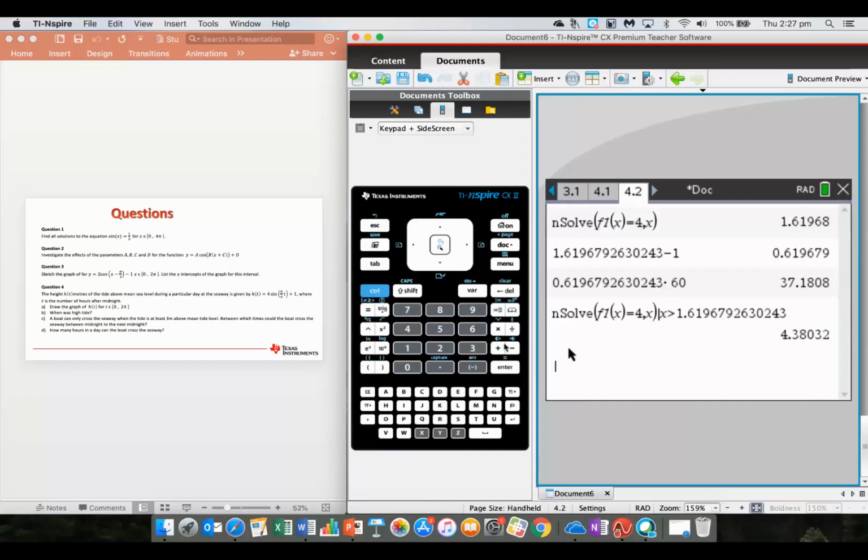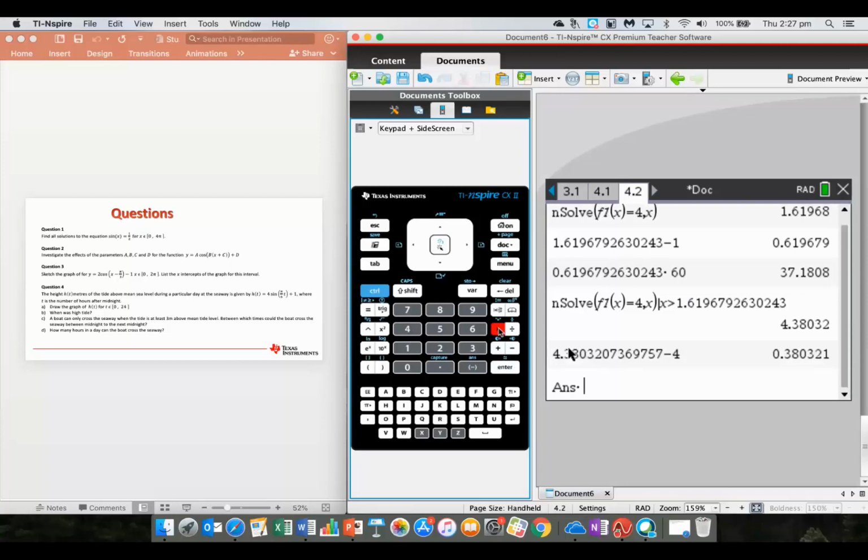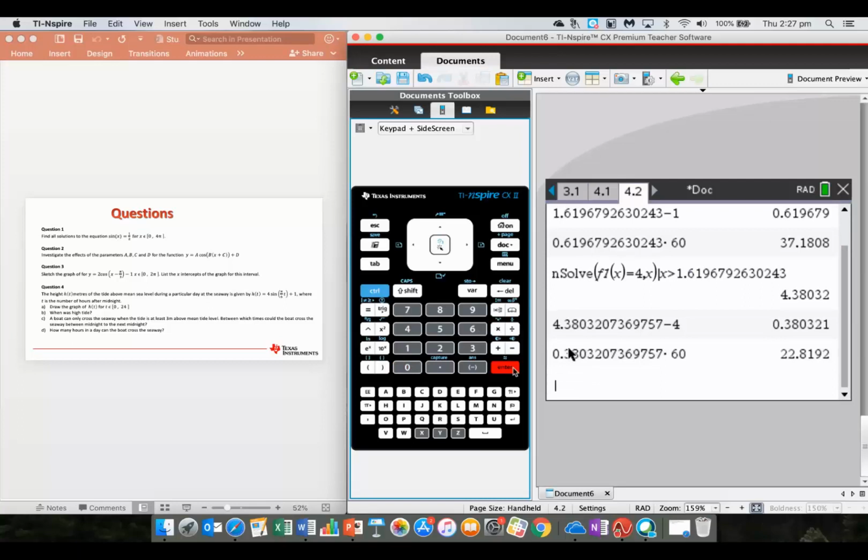Again, I will subtract the hours, multiply the decimal by 60 to turn it into minutes, and that means my second time is 4 hours 23, rounded to 23 minutes, because 0.8 is closer to the next minute. So the boat can cross the seaway between 1:37 a.m. and 4:23 a.m.